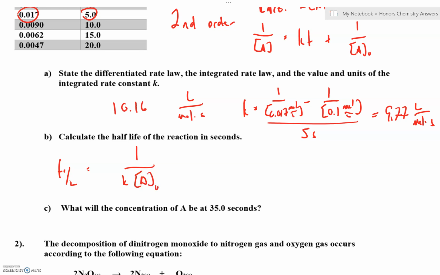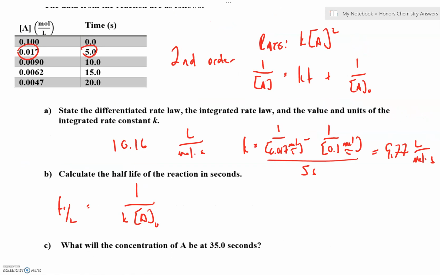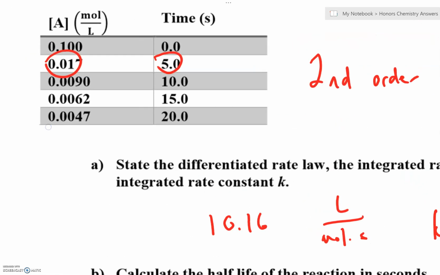Well, you know both of these. You're going to get something slightly different depending on what rate constant you use, and I am totally cool with that. But you can at least get an idea of the value for half-life, and we don't have a whole lot of time before we get to 0.05. I mean, the first interval is 5 seconds.